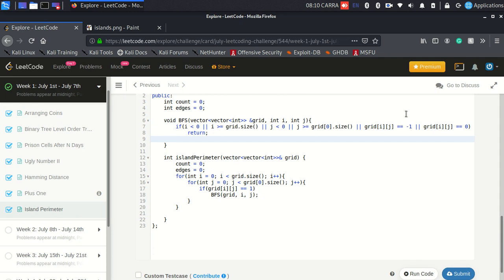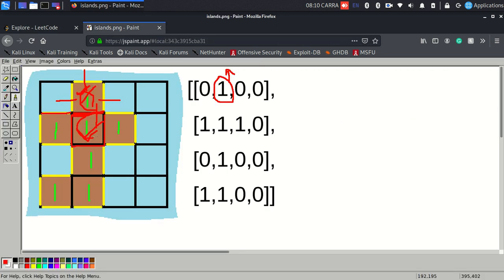Now what I'll do, for any particular island, if I am at this island 1, is I'll see how many edges. So I'll go up, left, down and right.